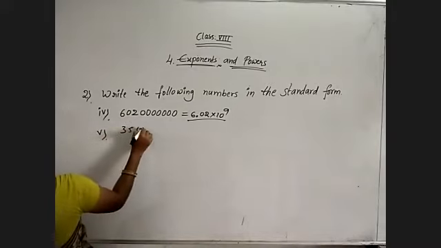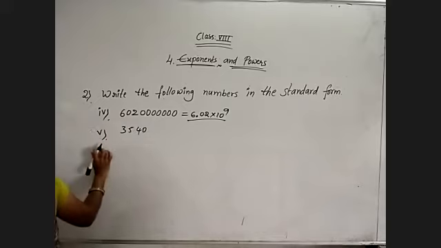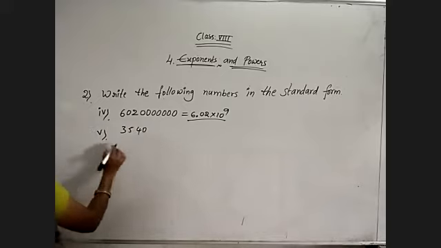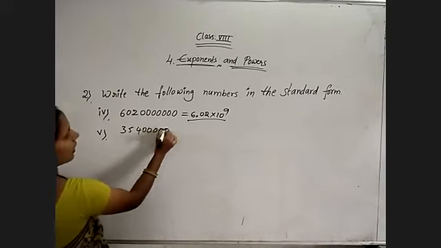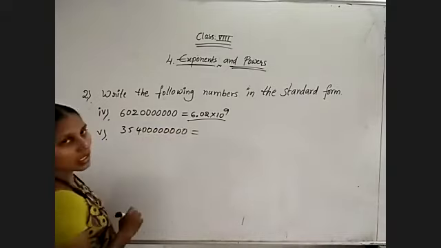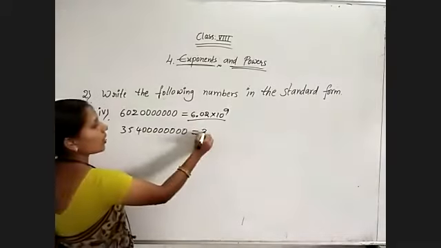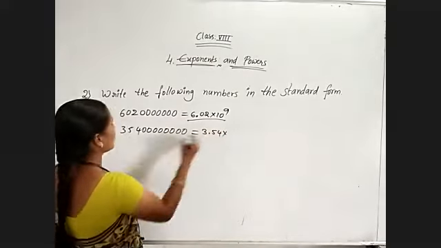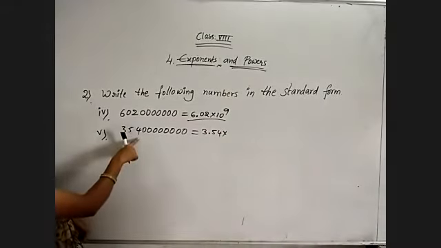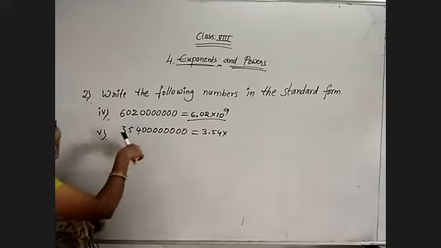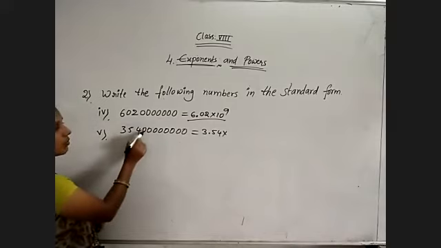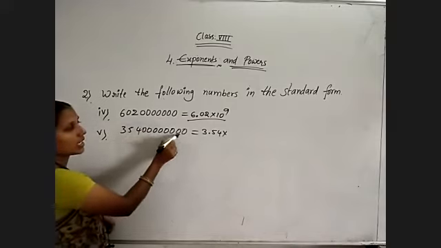3, 5, 4, 0. There are 8 zeros: 1, 2, 3, 4, 5, 6, 7, 8. Now observe, so 3.54 into, because 5 and 4 are non-zero values. How many digits are there completely? 11.